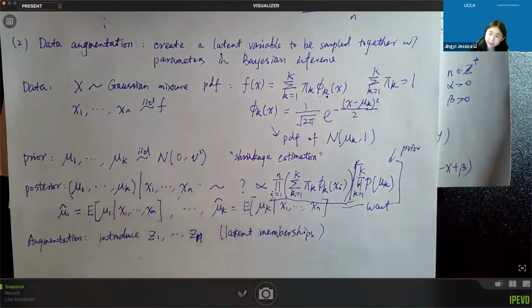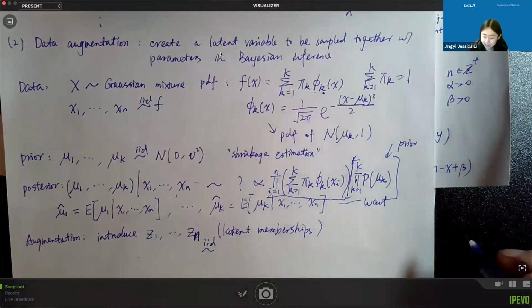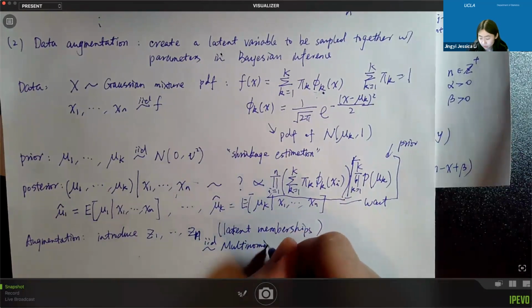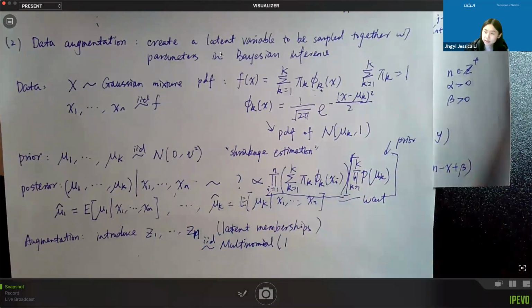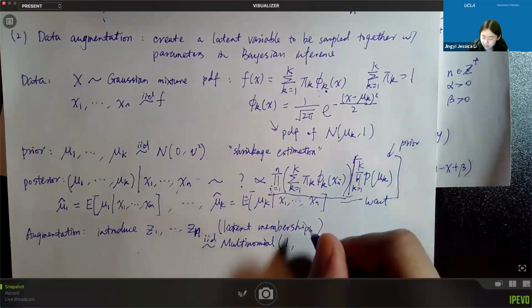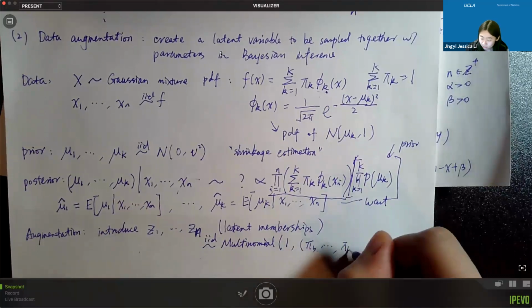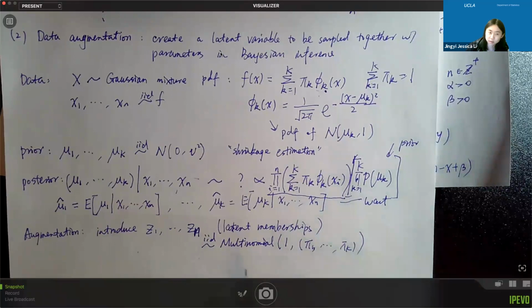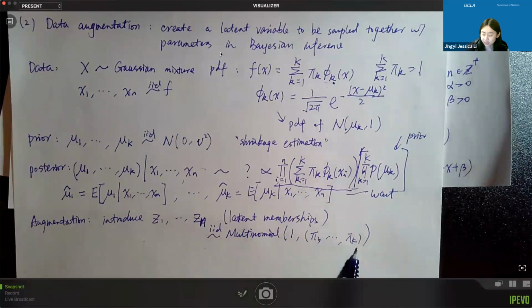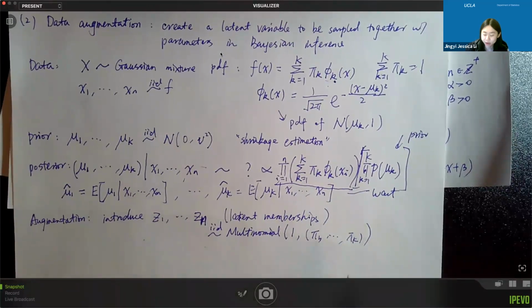You assume these memberships are IID from a multinomial distribution with a total of 1. We only sample once, and the probabilities for the K classes are pi 1 to pi K. So you draw one of the K classes with different probabilities specified by pi 1 to pi K.